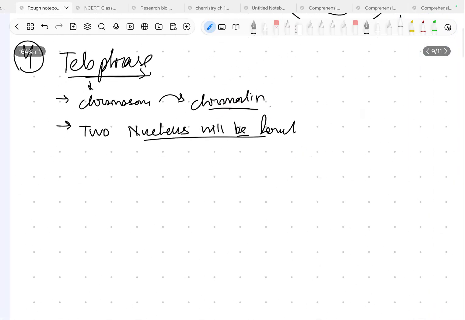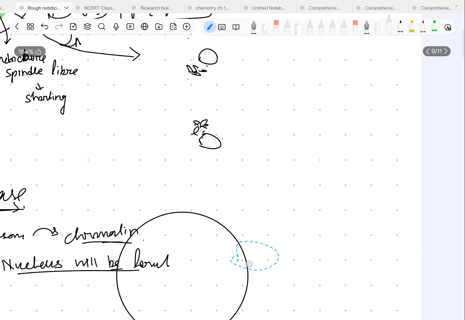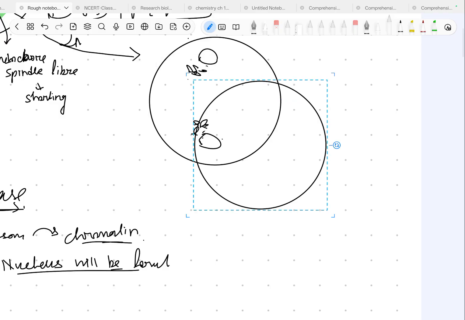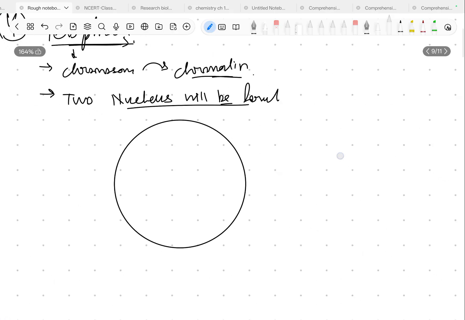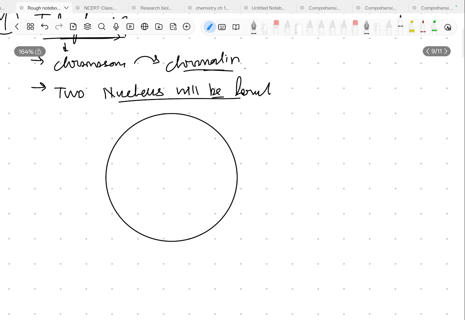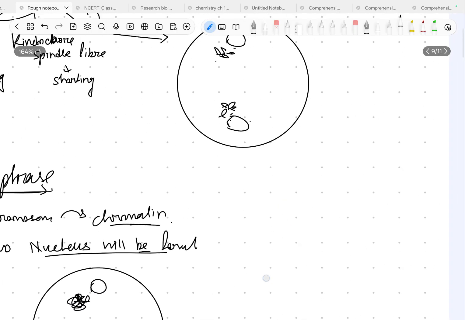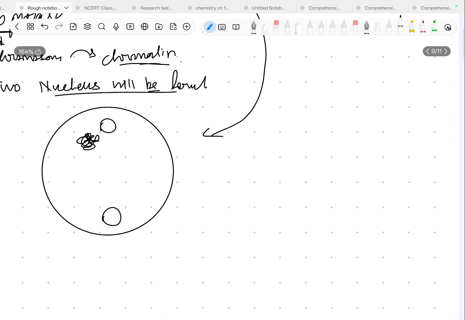So in the telophase, what occurs? I am making another duplication. Here the centrioles are there, and this chromosome is converted into chromatin.